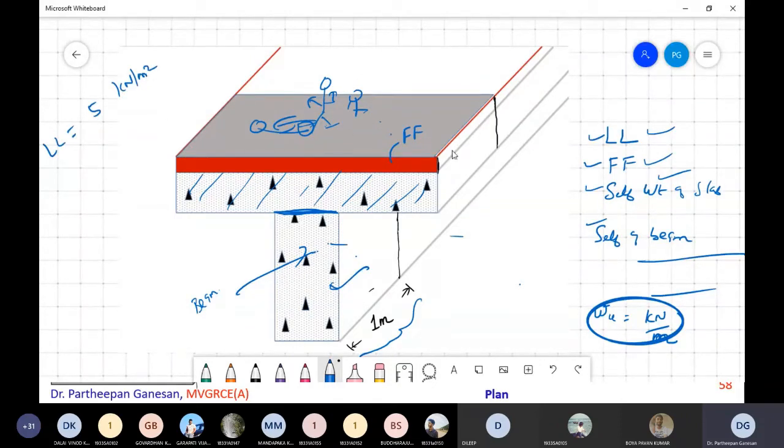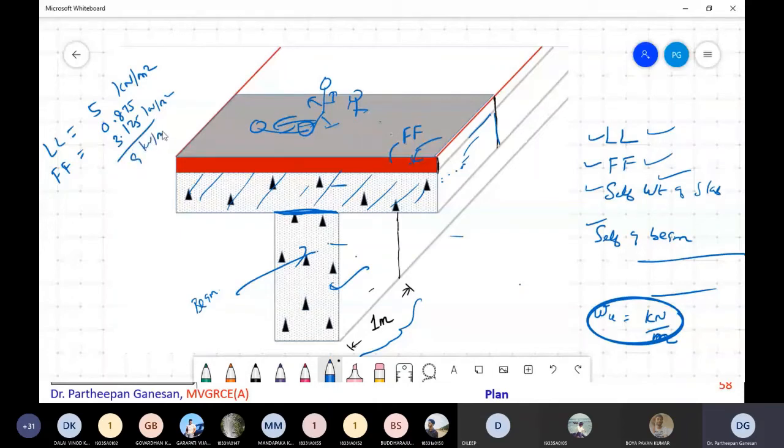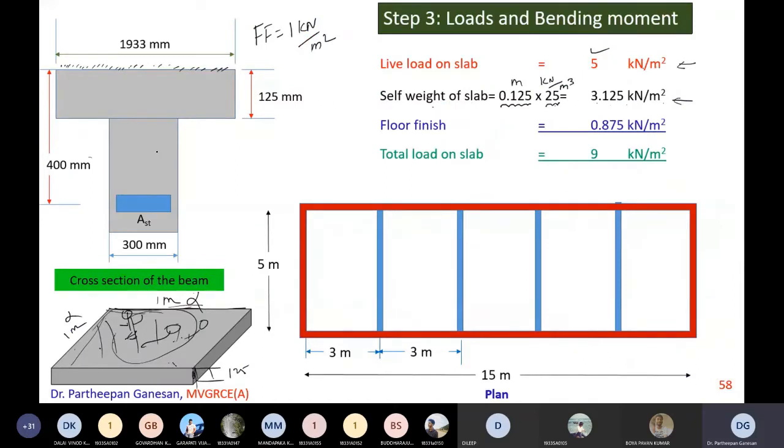Now this red part is the floor finish, which we have taken as 0.875. The slab weight per meter square we have found to be 3.125 kilonewton per meter square. So together we got 9 kilonewton per meter square. So that's what we have done so far.